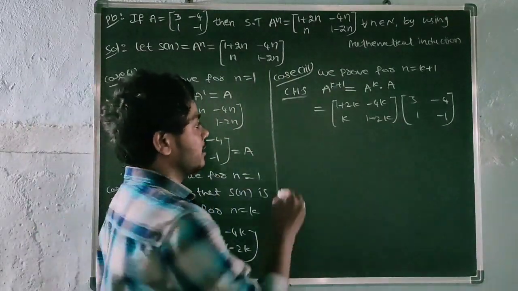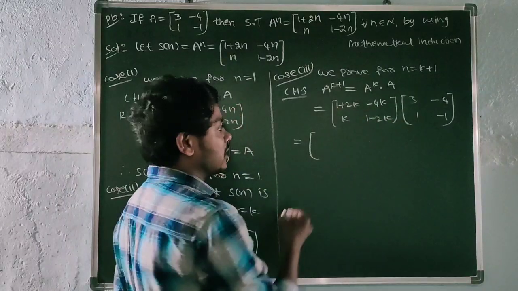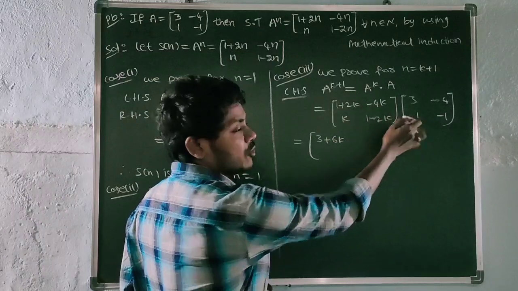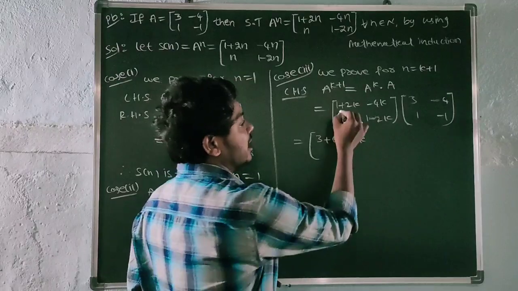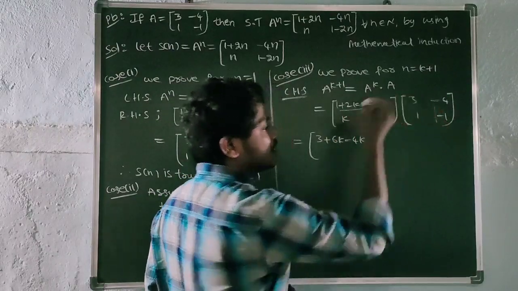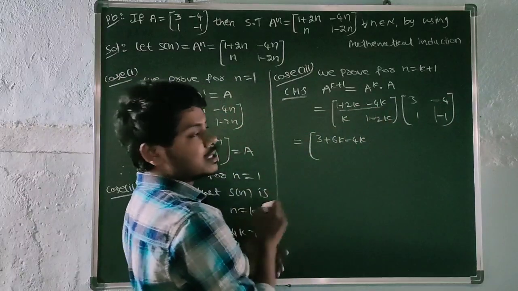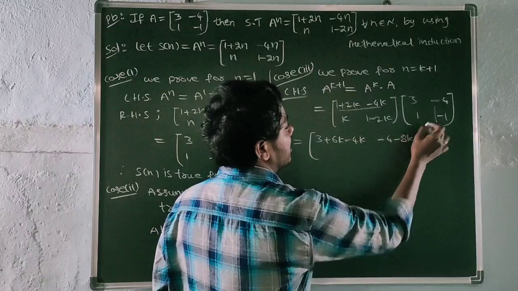So what you get? So this is 1 plus 2k into 3. That is 3 plus 6k, minus 4k into 1, minus 4k. Now again first row with the second column. So that is minus 4 into 1 plus 2k. That is minus 4 minus 8k.